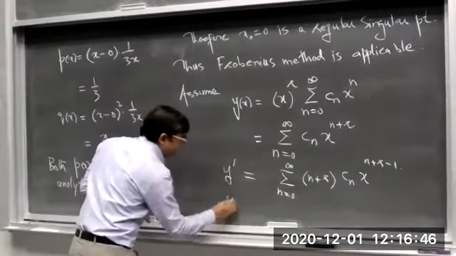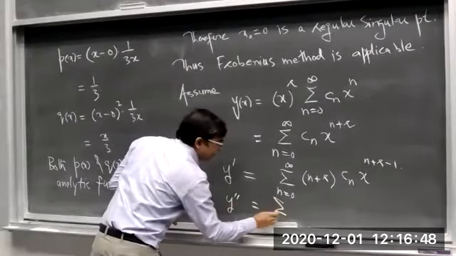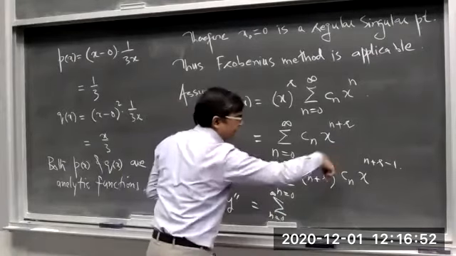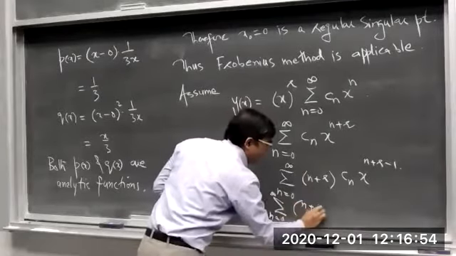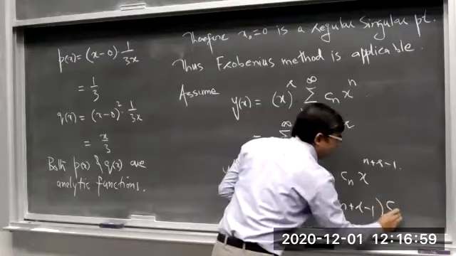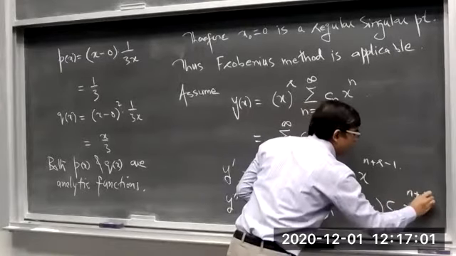Its second derivative is obviously again summation n from 0 to infinity, and again n plus r comes down, n plus r into n plus r minus 1, cn x power n plus r minus 2.